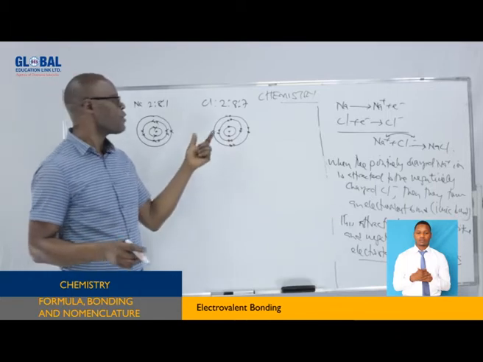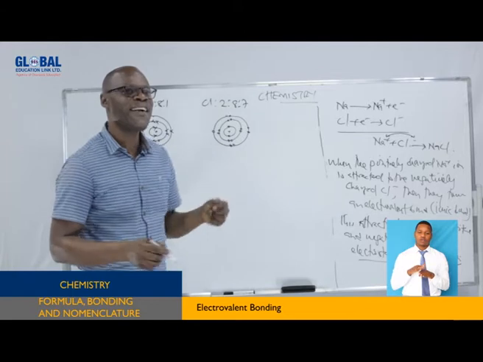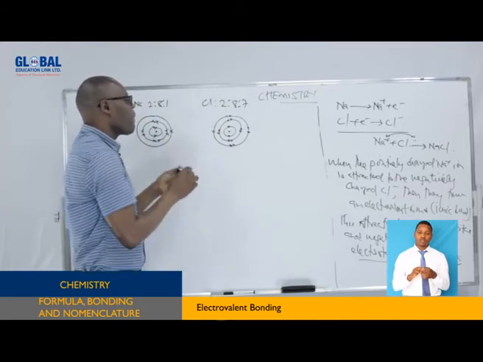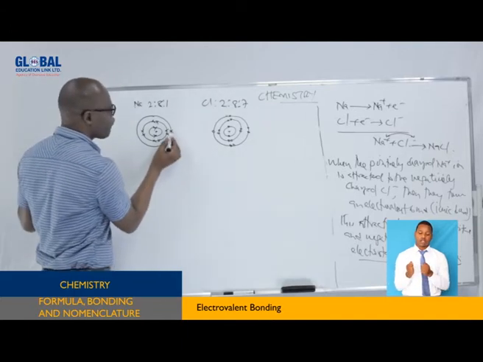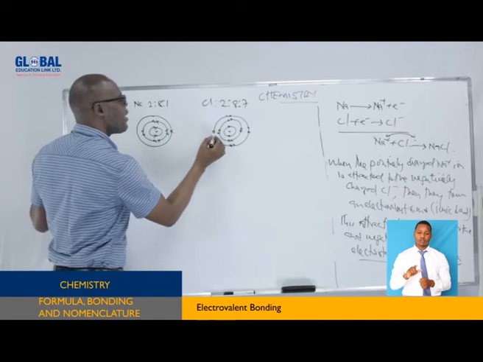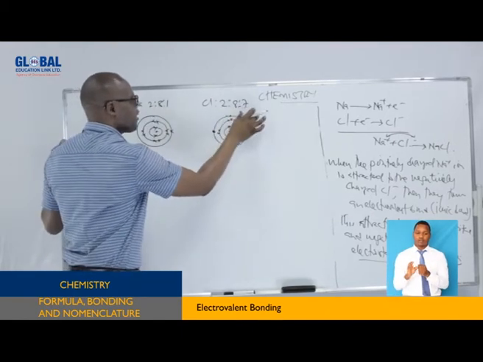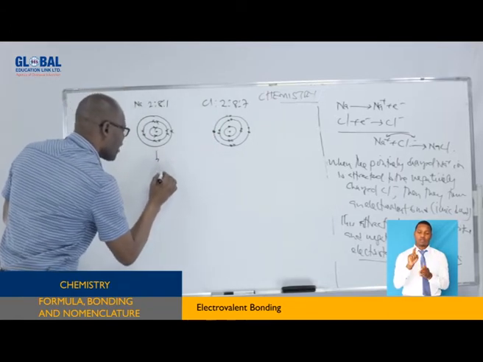Now, we use this example of chlorine when we look at covalent bonding, and we say if it were covalent bonding, then this electron and this electron will be shared. But now, in this case, it is transfer of electron. That means this electron of sodium will be transferred here to chlorine, so that it becomes 2 to 8 and also 2 to 8 to 8.